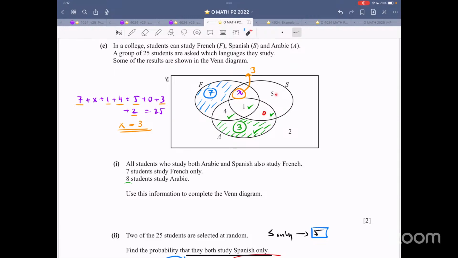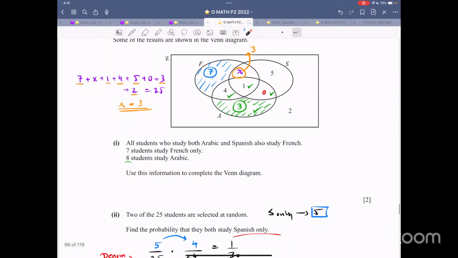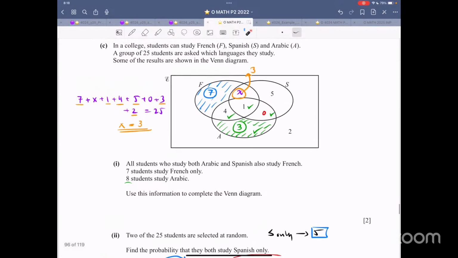Now, this 5 is already there. Add it all up and find the value of x. So x comes out to be 3. 7 students study French only. So we can also do this. 4 plus 1 is 5. 5 plus this thing, this is x. Let me just double check one thing, and let me look at the mark scheme also.